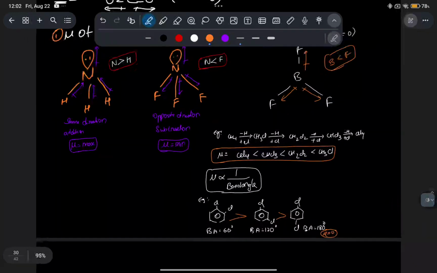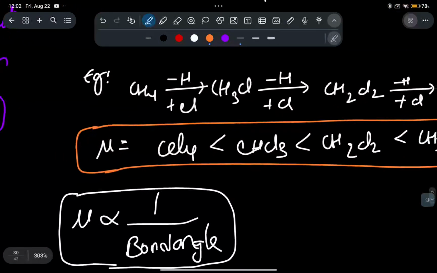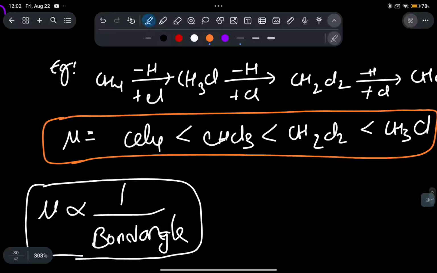Fluorine has high electronegativity, and if you see CCl4, CHCl3, CH2Cl2, CH3Cl: the more chlorines there are, the more electronegativity, and the lower the dipole moment.